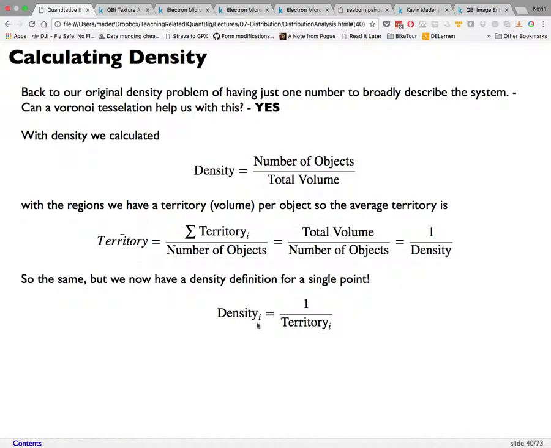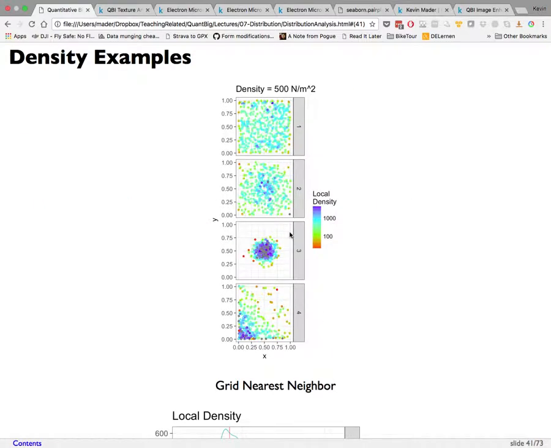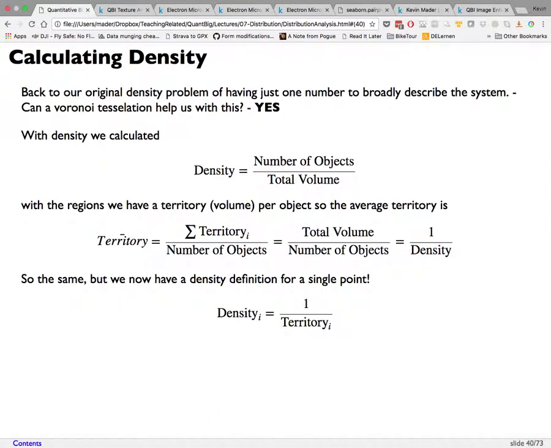So we have here the density being 1 over the territory. And so the mean density should not be the same, or isn't the same in some of these systems, as the mean inverse territory.